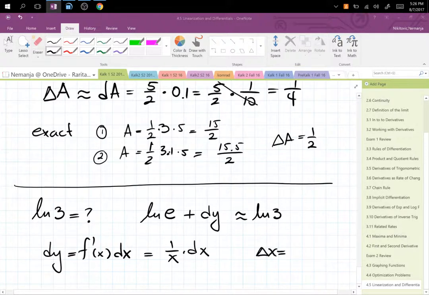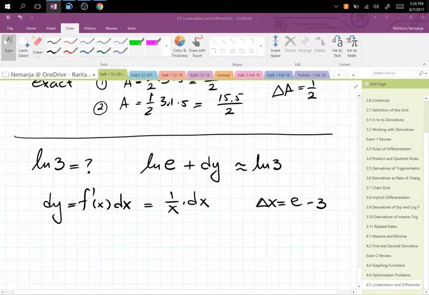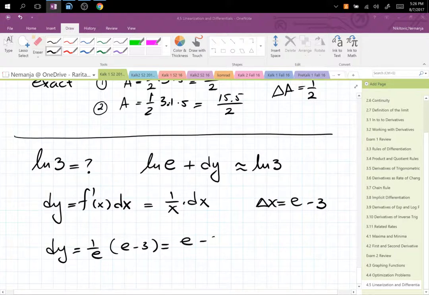Delta x is e minus 3. So dy is 1 over x, which is 1 over e, times e minus 3, which is e minus 3 over e, which is 1 minus 3 over e, if you want to keep the exact values.